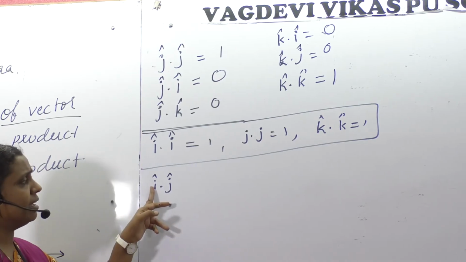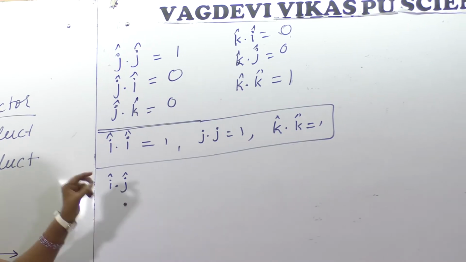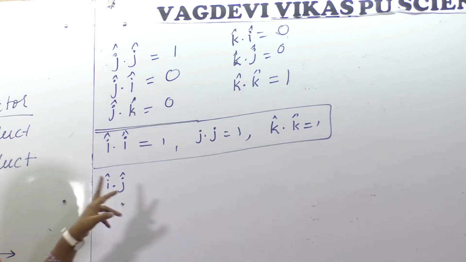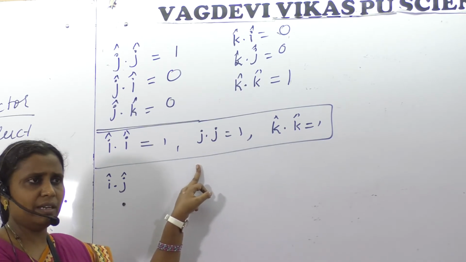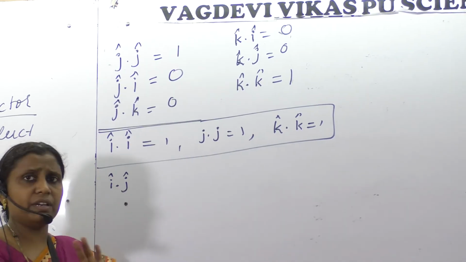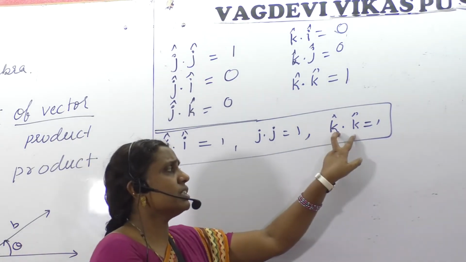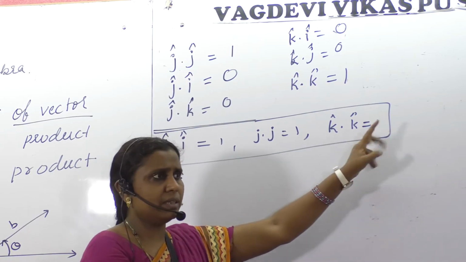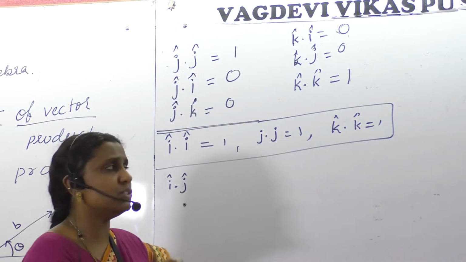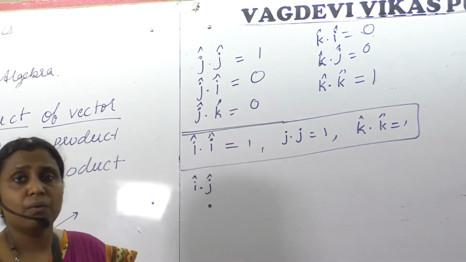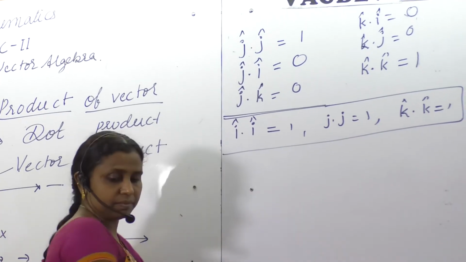So with i, except i, if you take the dot product with anything else, the answer will be 0. With j dot j, the dot product will be 1, and other than j, whatever combination you find, it will be 0. With the combination k and k, it will be 1. With any other combination with k, meaning i and j, the answer will be 0. So this is the thing.